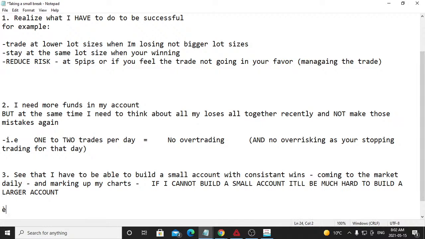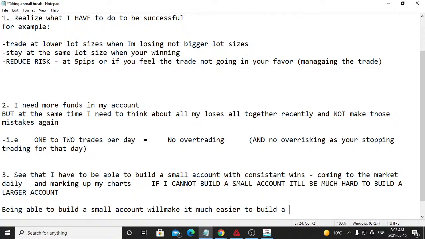Or you can put it in other words: being able to build a small account will make it much easier to grow a bigger account.